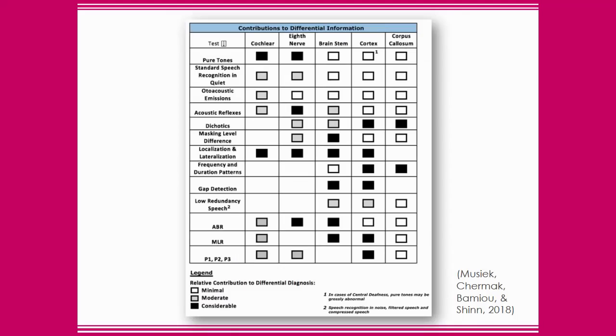We included a similar table in a recent article in the ASHA Leader. This time, however, we added some of the evoked potential information in terms of their contributions to differential information relative to various levels across the auditory system. Again, a reference in your list.